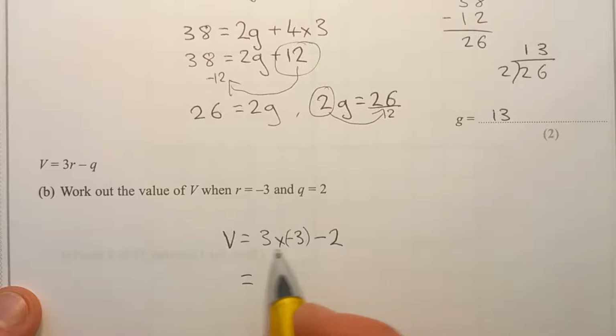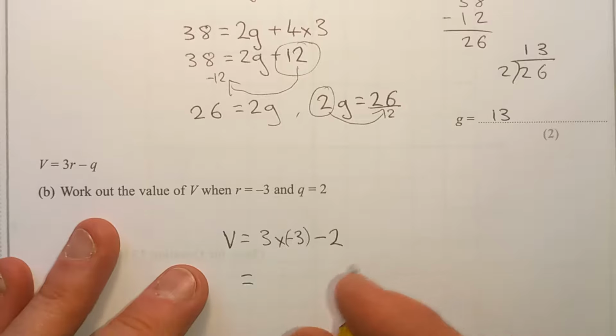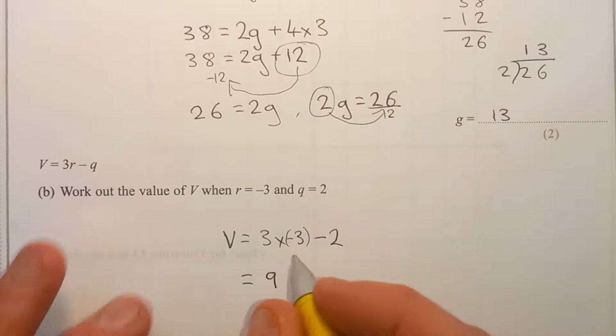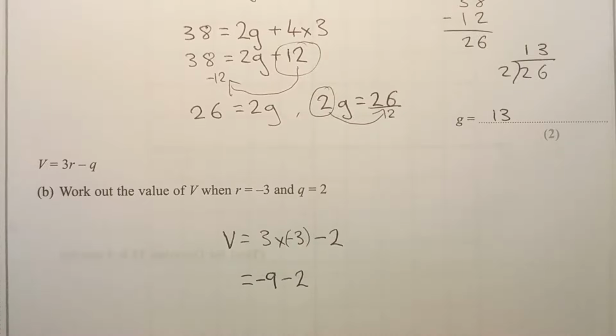So if we're multiplying numbers, when we've got the signs there, we ignore the signs to start with. So just do 3 times 3, which is 3, 6, 9. If the signs are the same, then it would be positive. If one's positive and one's negative, as we've got here, the overall answer is going to be negative. So we've got minus 9, and we've still got minus 2. So minus 9, minus 2.